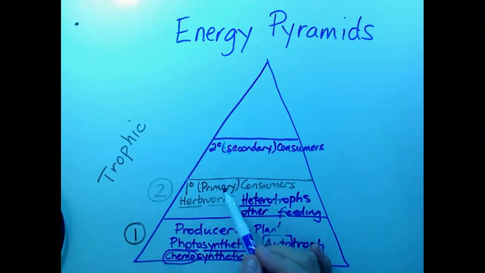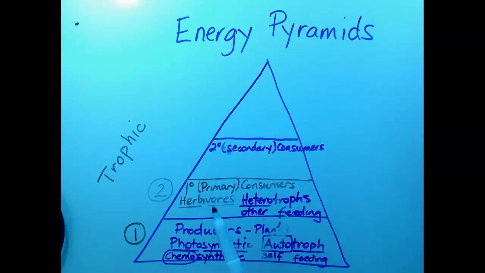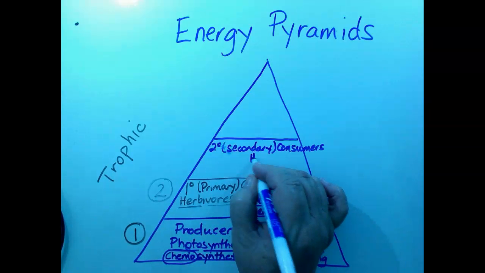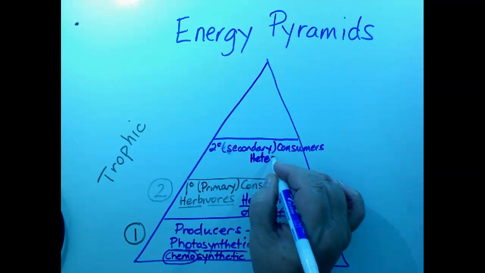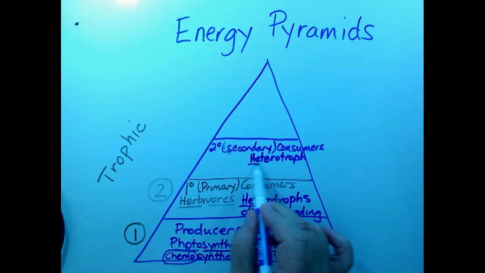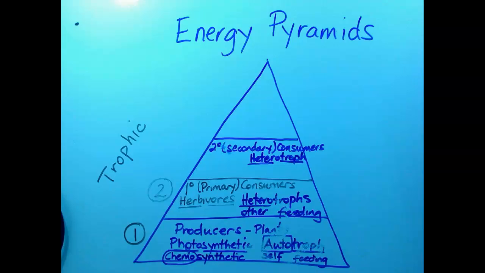And these guys are typically organisms that will eat primary consumers or producers. Okay, and so often, we'll call them heterotrophs because they eat others. Heterotroph. Okay, so don't forget, hetero means other and troph means feed. So if you feed on others, you're a heterotroph.